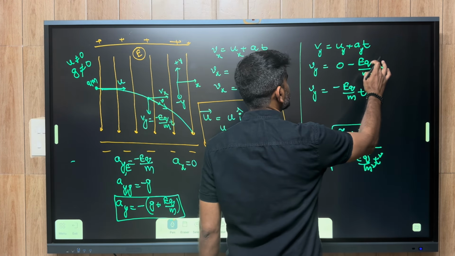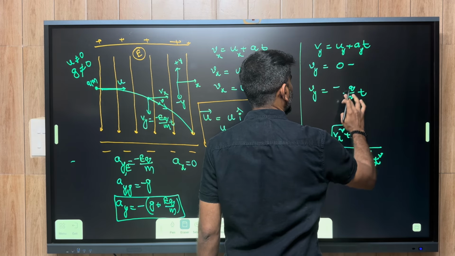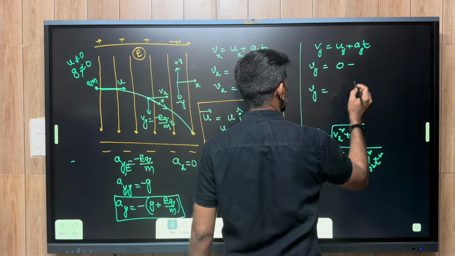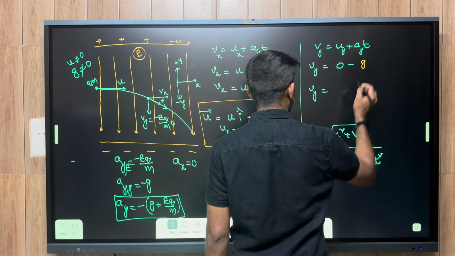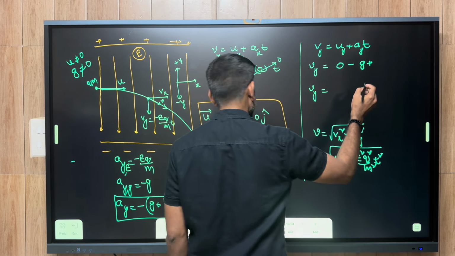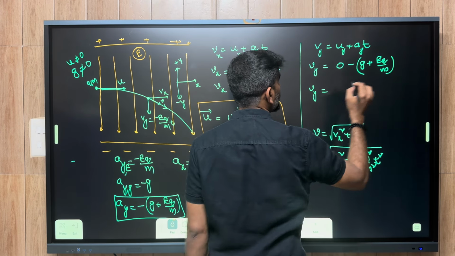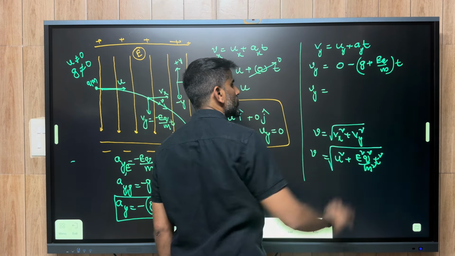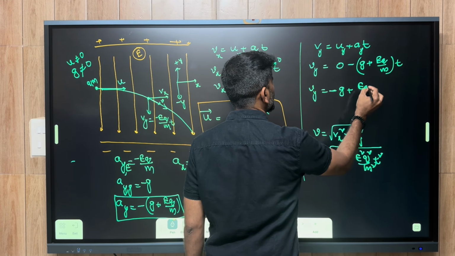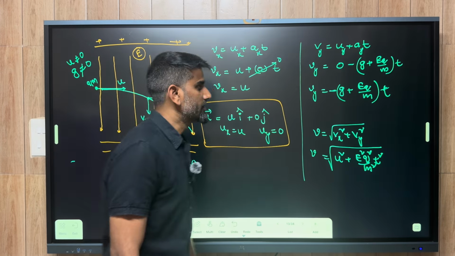So vy is equal to minus g plus eq by m, into t.